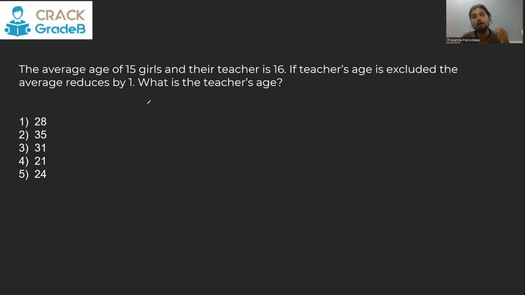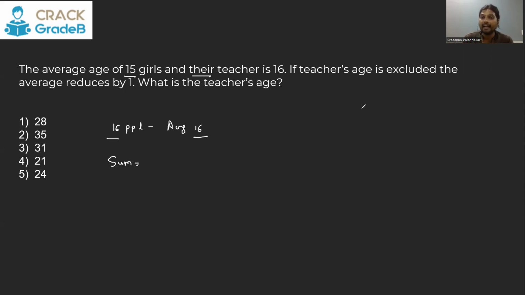If you have to think about how to make an equation every time, then better you solve this question with any short trick that you know. So we'll discuss both of the methods. First with the equation. Average of 15 girls and their teacher, that means there are 16 people whose average is 16. So if I ask you what is going to be the sum, if 16 people have the average 16, what is the sum?